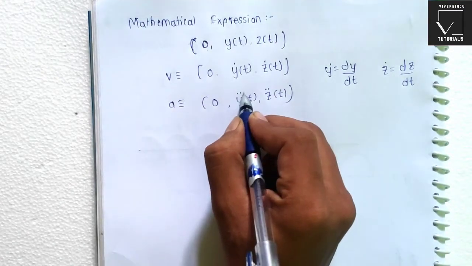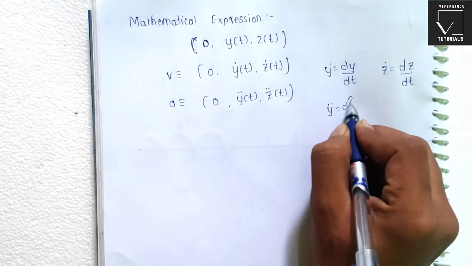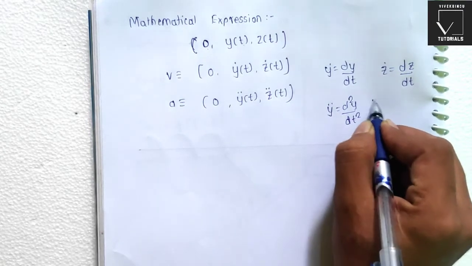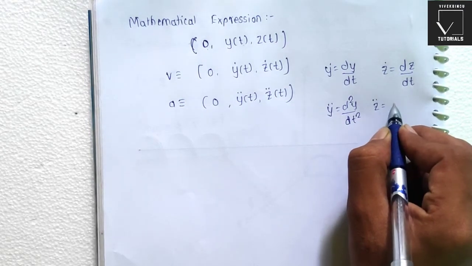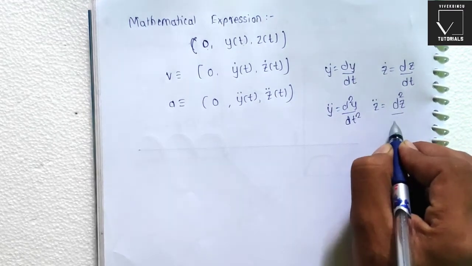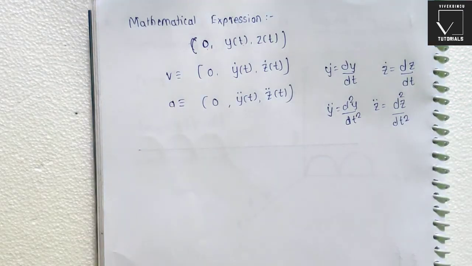Here double dash means double derivative, means y double dash is equal to d square y upon dt square, and z double dash is equal to d square z upon dt square. Now we have to find the equation of that cycloid motion. So let's consider the effective force acting on that particle.